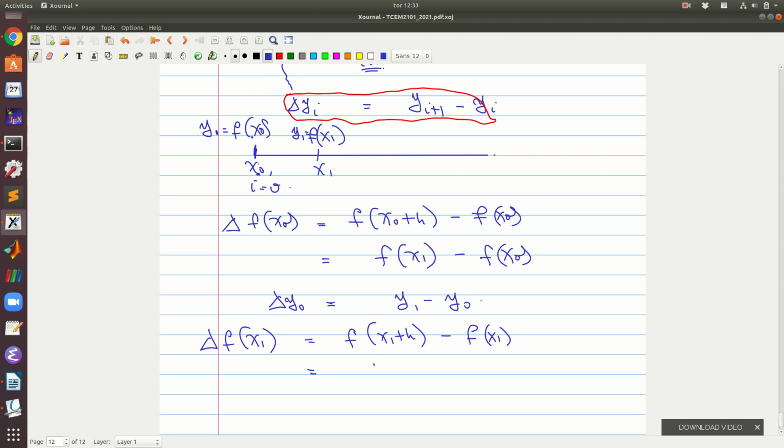We know x1 plus h is x2, so this is f of x2 minus f of x1. We can also write this as the forward difference operator at y1, which is simply going to be y2 minus y1.